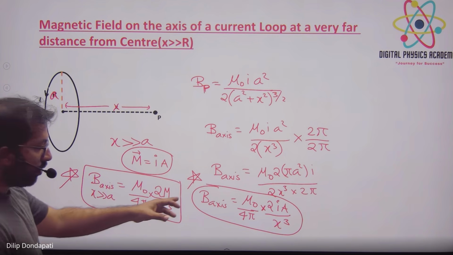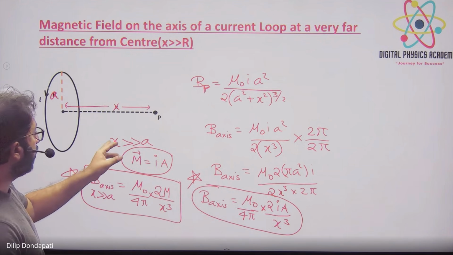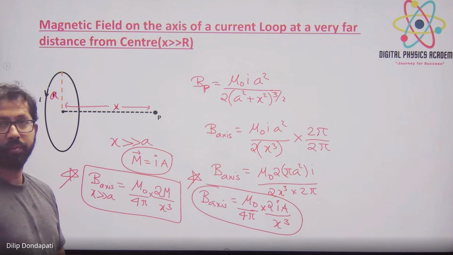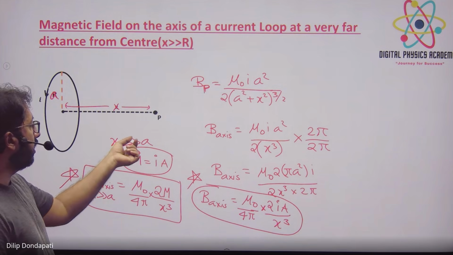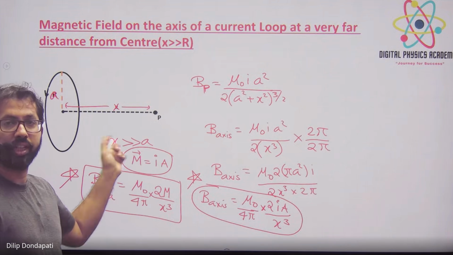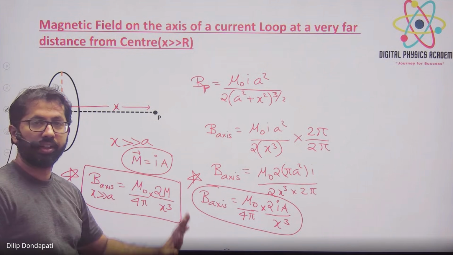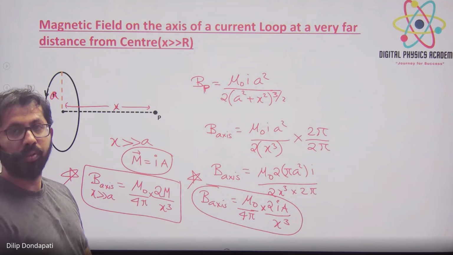So you can directly use the formula in this case. They will mention in the question that x is much greater than a, or they will give x in meters and a as 0.01 millimeters, so we can know that x is much greater than a. Use that shortcut. It is acting like a dipole. Dipole means north pole, south pole.